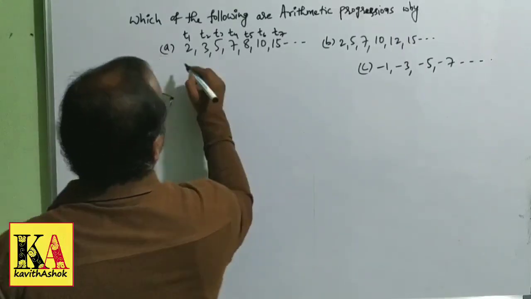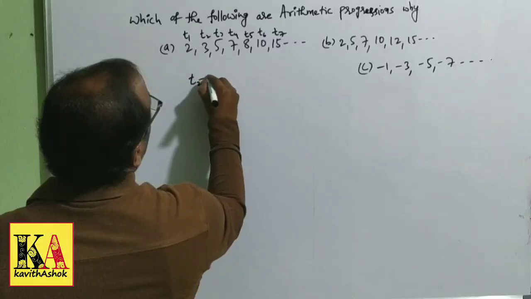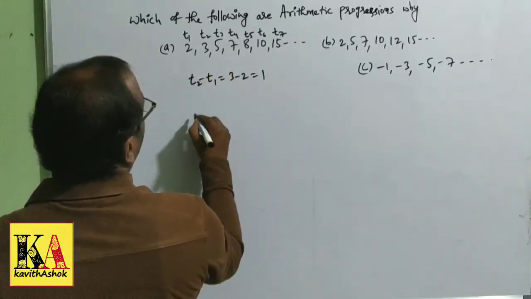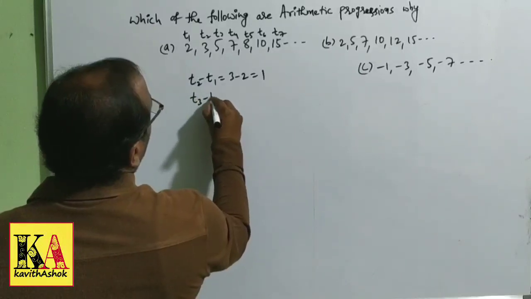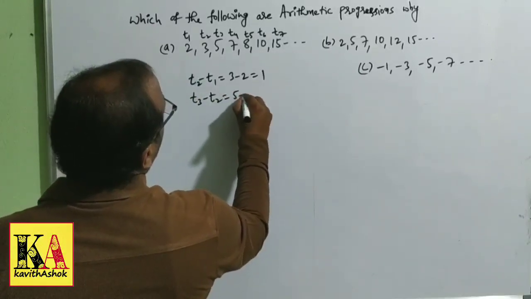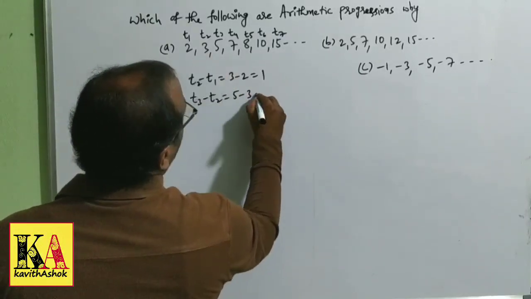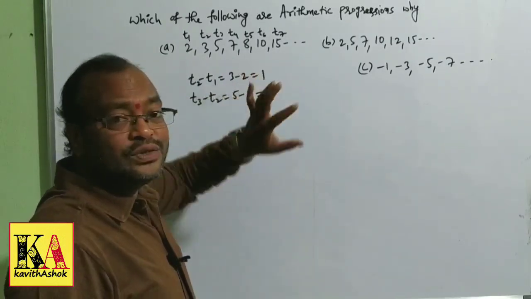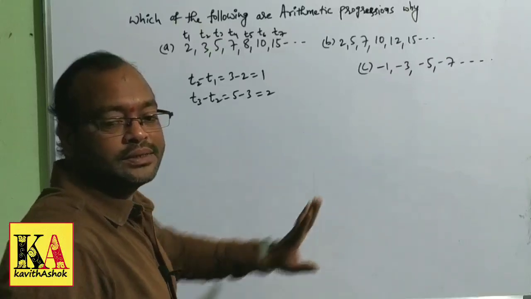So look here now. T2 minus T1, 3 minus 2, is equal to 1. T3 minus T2, 5 minus 3, is equal to 2. Once one check fails, there is no need to check the remaining numbers.